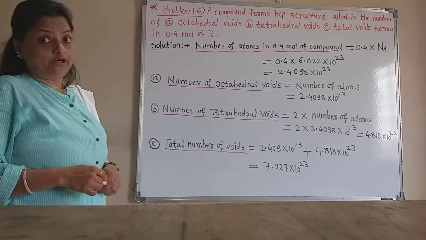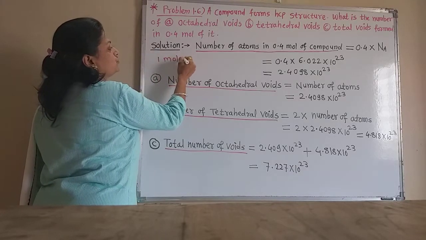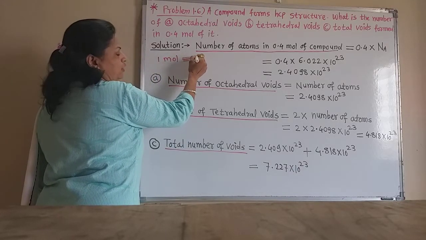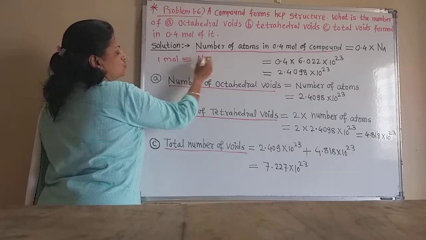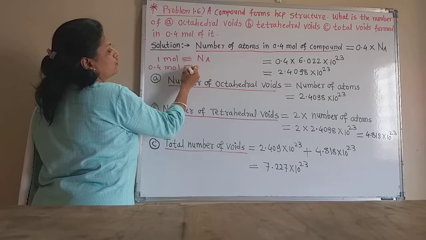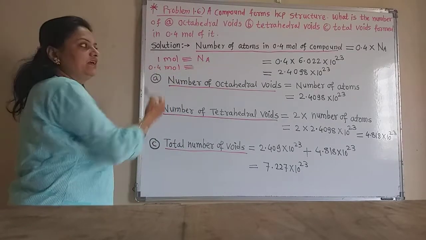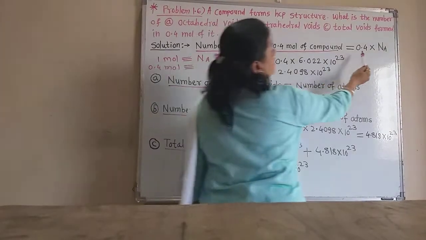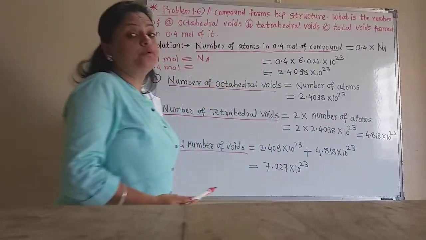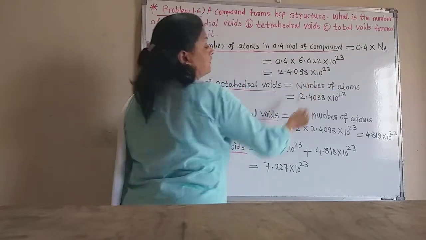0.4 into Avogadro's number, because 1 mole corresponds to Avogadro's number, that is the Na. So 0.4 mole corresponds to 0.4 into Na. The value of the Avogadro number is 6.022 into 10 raised to 23.